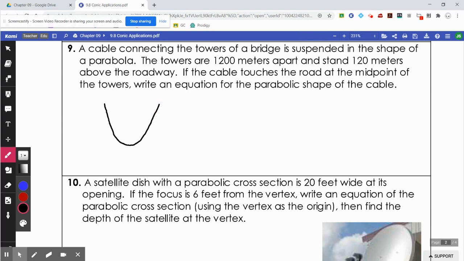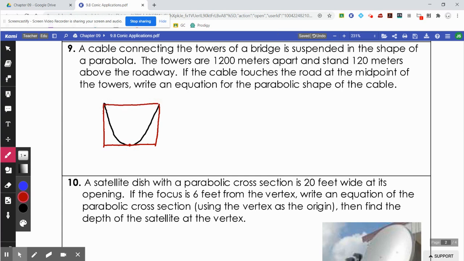So I'm going to work this slightly different from the way that the answer key is working it. So you've got some towers here and here that are connected by this cable here. The cable meets at the bottom right here, and now here's the way that the answer key works.